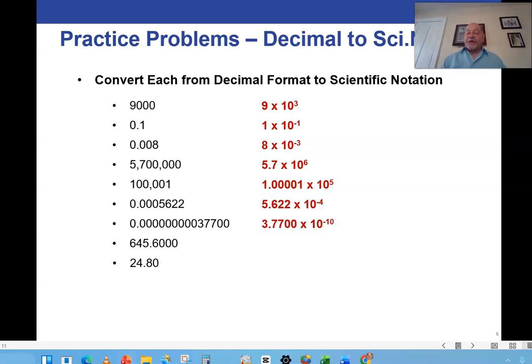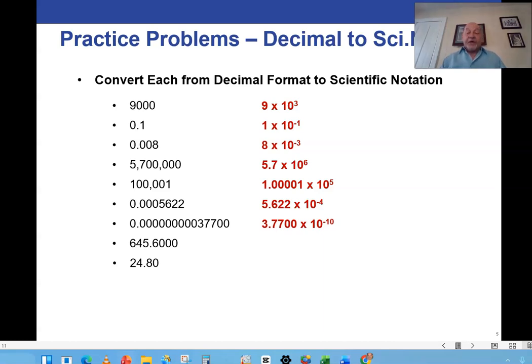So that would be 3.77, and we'd have to include those zeros because if they're on the right side of a decimal, they're trailing zeros, those count as significant digits, and we have to include those. So it'd be 3.7700 times 10 to the minus 10, because the 3 is in the 10th position after the decimal place. There are 9 zeros and then a 3. The next number is 645.6000.